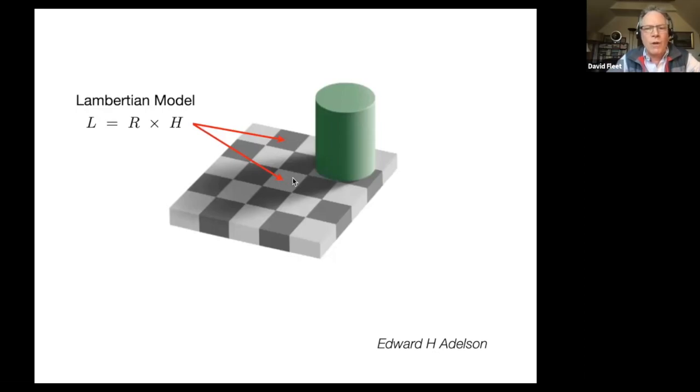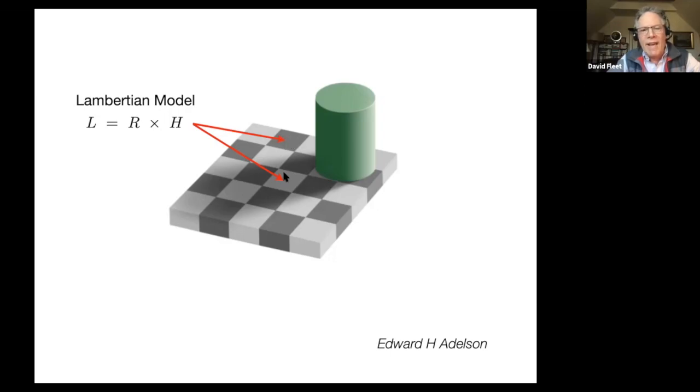In other words, if you think about this patch here in the center, its amount of incident light may be lower. Let's say it's half of the incident light from this patch over here, which received direct light from the source.